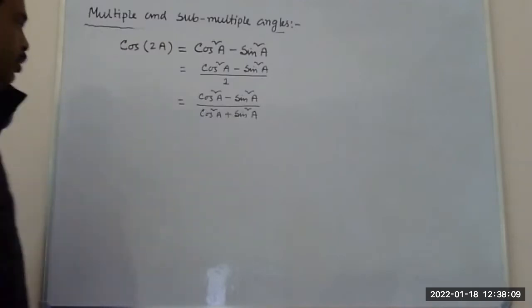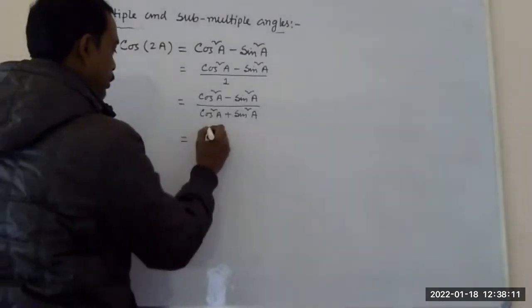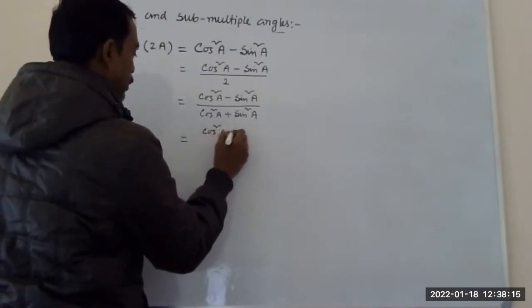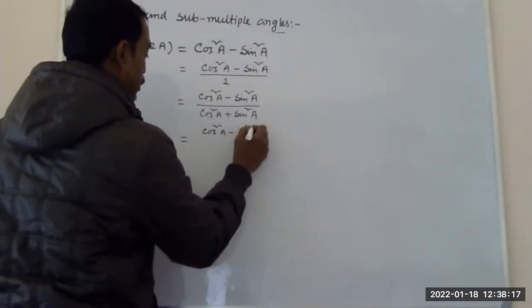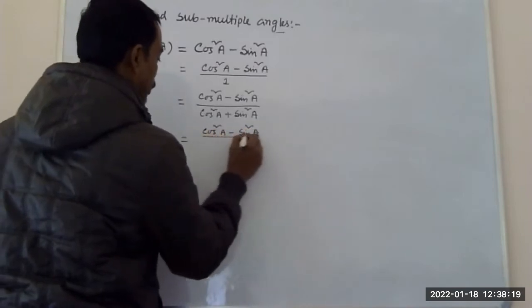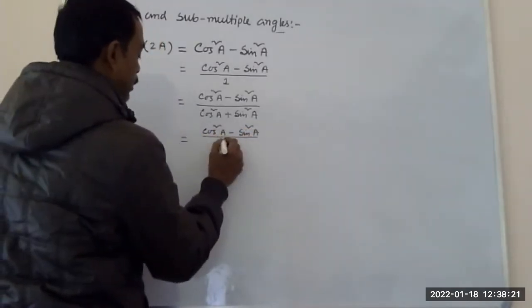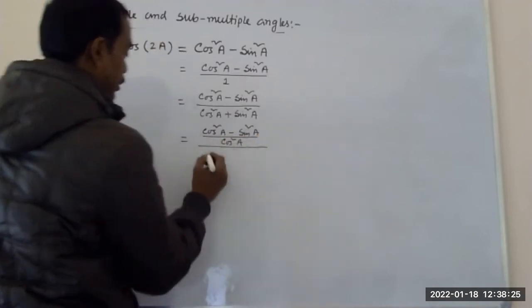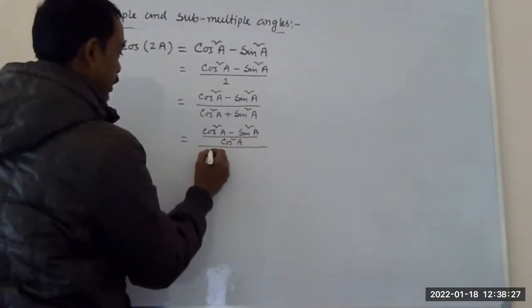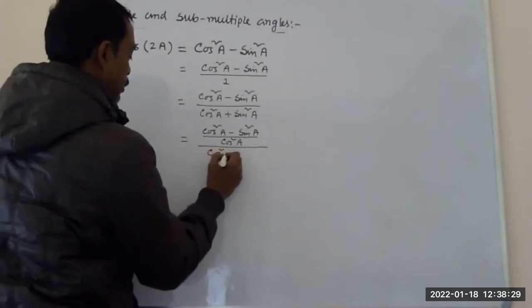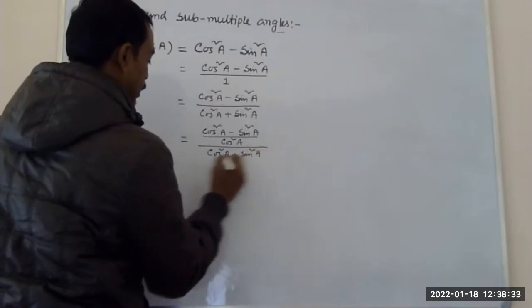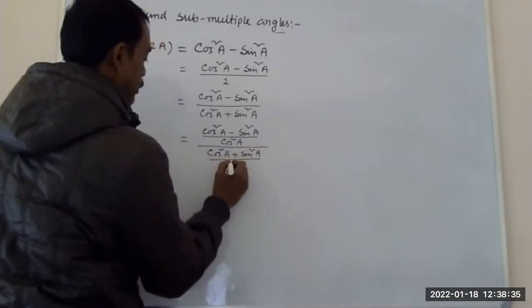Now dividing numerator and denominator by cos square a, the numerator is cos square a minus sin square a whole thing divided by cos square a. Now the denominator is cos square a plus sin square a, which is divided by cos square a.